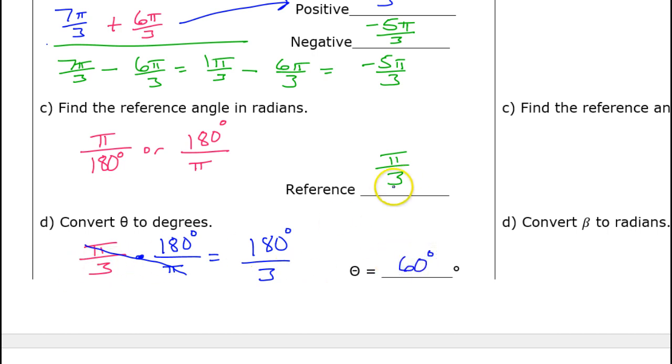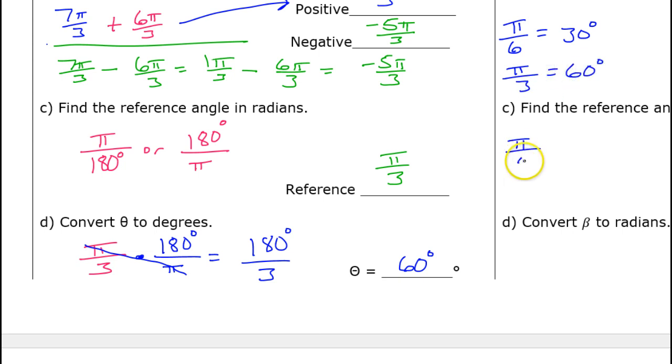Now, for a special angle like this, pi over 3, this is something that you should have memorized anyway. You should have memorized, for example, that pi over 6 is the same thing as 30 degrees. That's a special angle, so we have to memorize these. And pi over 3, that's 60 degrees.